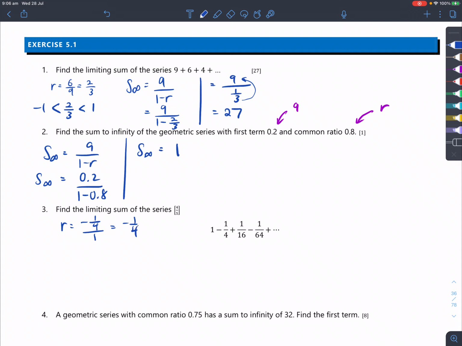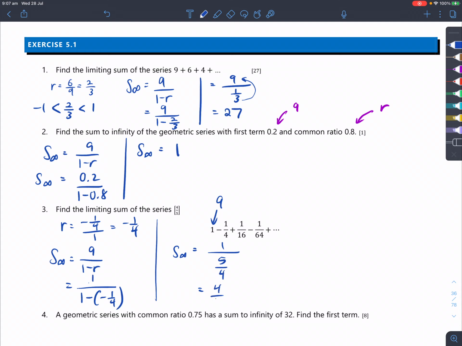Now, sum to infinity is a over 1 minus r, which is the value a here being 1, over 1 minus -1/4. Now that means, on the bottom, you get 1 plus 1/4, which is 5 over 4. And 1 over 5 over 4 is just the reciprocal of the fraction on the bottom, so it's 4 over 5.